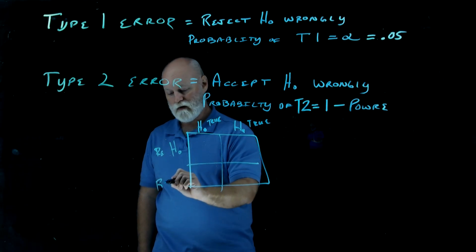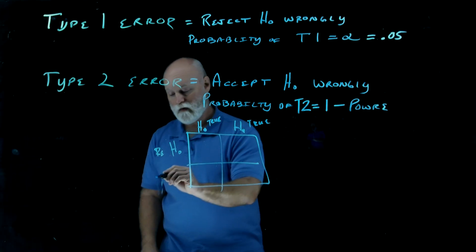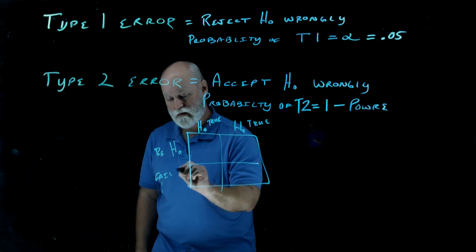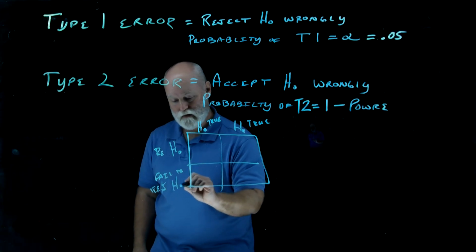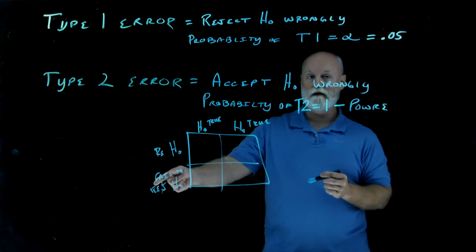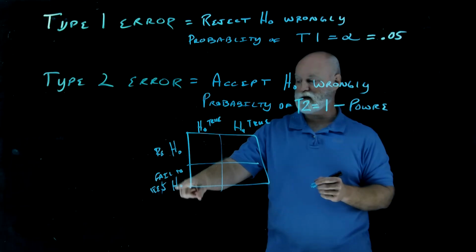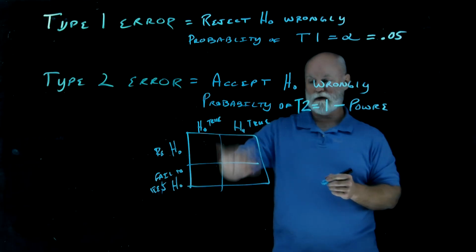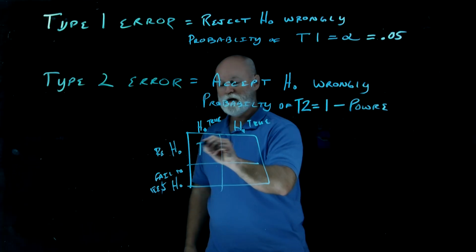Here we're saying we fail to reject H naught, right? Okay, those are the two scenarios. We don't say we accept, but we fail to reject H naught. We reject H naught, and this is when H naught is actually true. So if we reject H naught and it's actually true, this is a type 1 error.